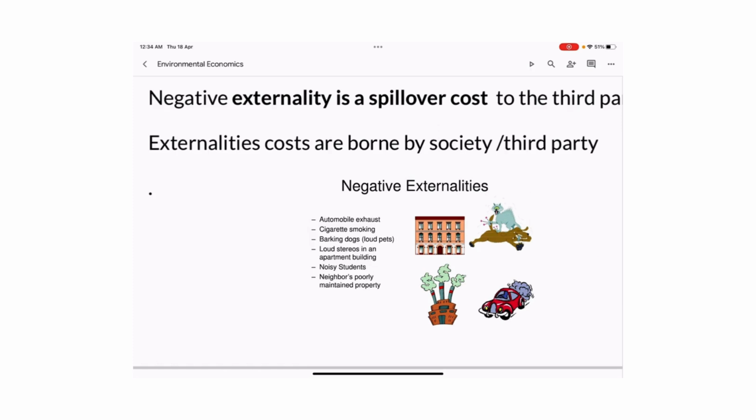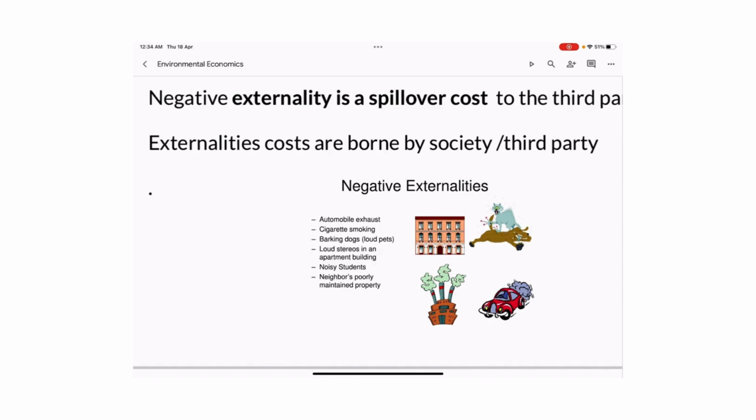The person who smokes a cigar and the tobacco company are the stakeholders, but the people around who are affected because of passive smoking, that is again an example of negative externality. One keeps pets for protection of households, right? But it might also affect other people in society. Noisy students, or poorly maintained property, similarly, can be an example of negative externality.